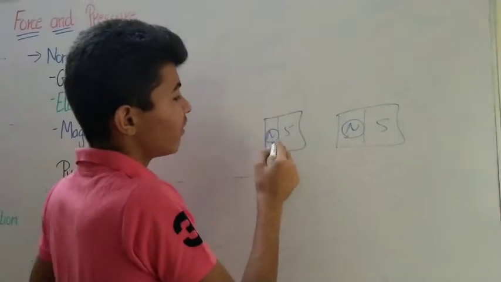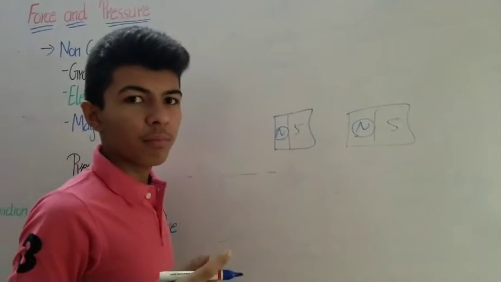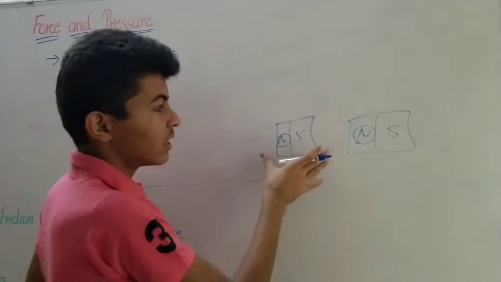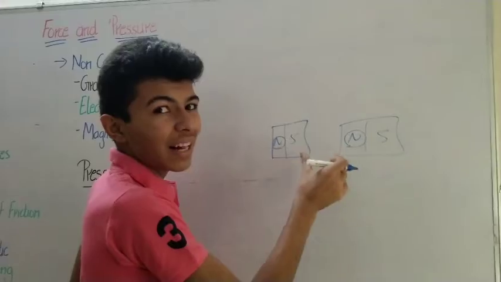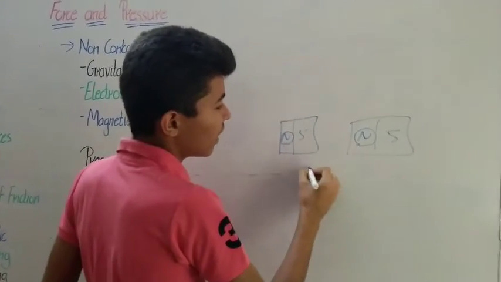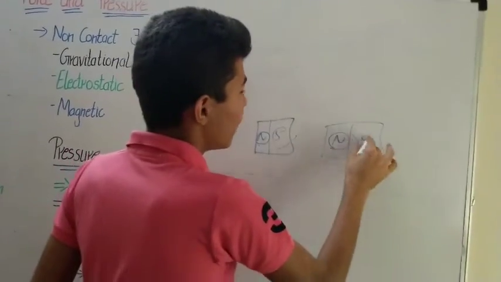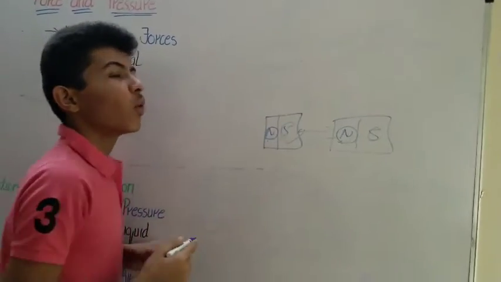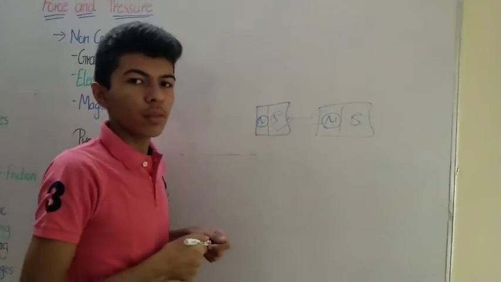In the same way, unlike poles attract each other and the same poles repel each other. So north and north would repel, south and south would repel, but north and south would attract each other.